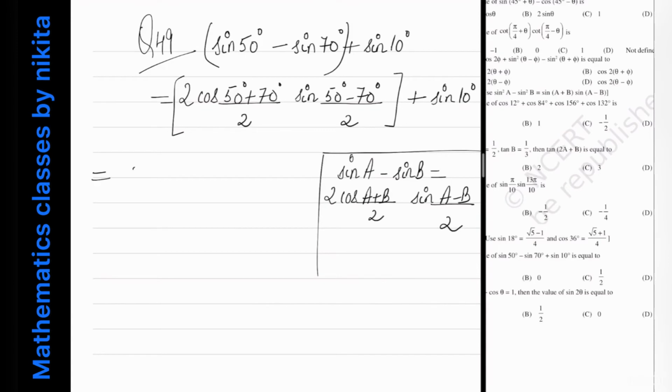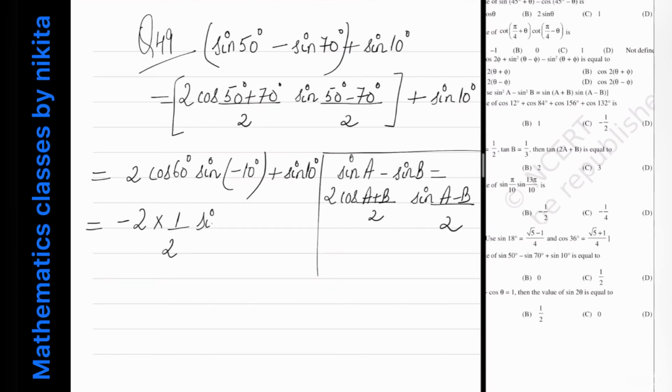Now this becomes 50 plus 70 is 120 divided by 2, means cos of 60 degrees, into sine of 50 minus 70 is minus 20 divided by 2, means minus 10. So you'll have minus 10 degrees and plus sine of 10 degrees. This is equal to, now sine of minus theta is minus sine theta, so minus sine comes outside. So minus 2, and cos of 60 is half, so I can put the value.